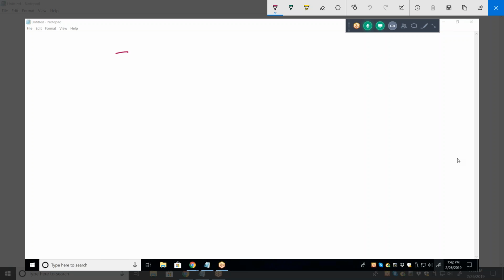It says secant theta, given that cosine theta equals 2/3.